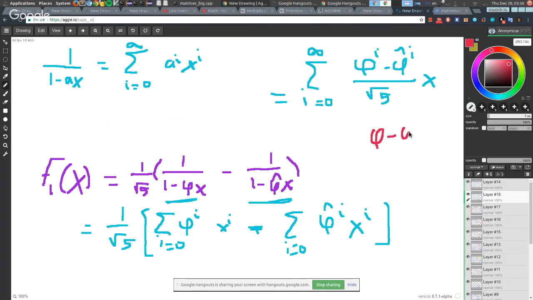Well, actually, phi minus phi conjugate is equal to square root of 5. So basically the coefficient of the term x to the power i is this formula, which we also included earlier, the Fibonacci.